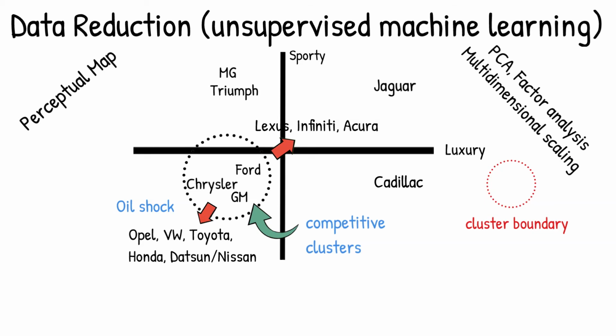A perceptual map is a strategic planning tool, but more importantly, we relied on unsupervised machine learning to give us a picture, a narration, a story. What do the data tell us? In this case, it gives us competitive clusters and competitive positioning of products. Often, data from unsupervised machine learning is used as inputs into supervised learning models.